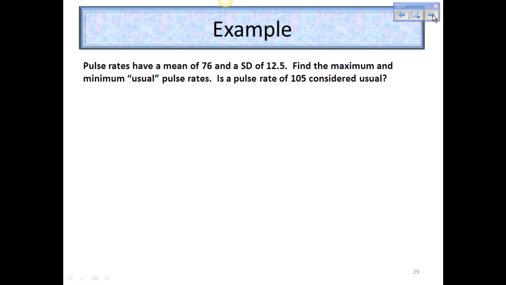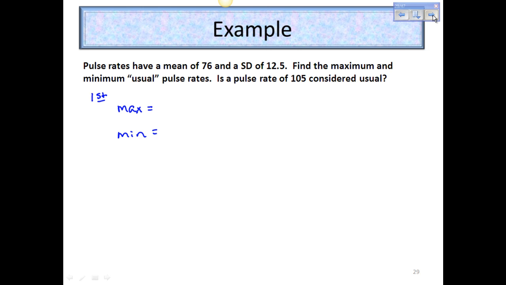Some questions will just ask you, is this value considered unusual? That's a key phrase to let you know you need to find the maximum and minimum usual values and then do the comparison. So first, the maximum and minimum usual values.